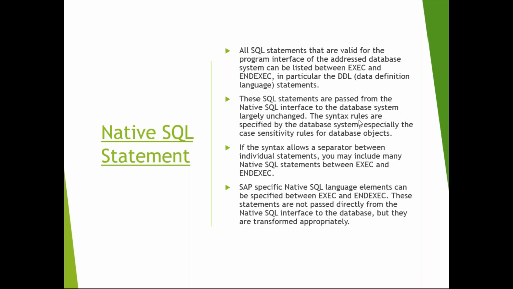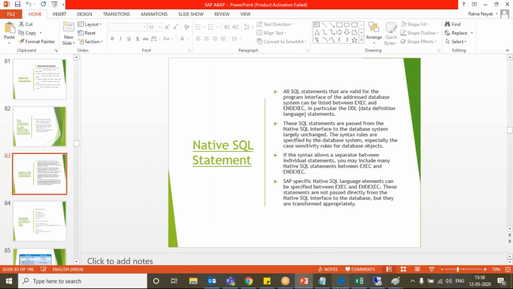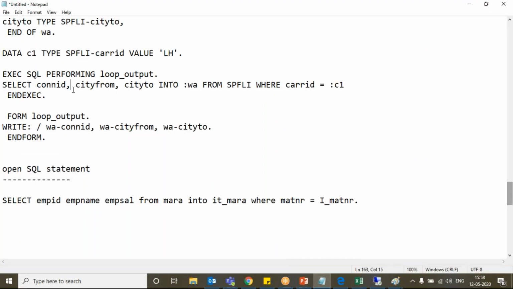The syntax rules are specified by the database system, especially case sensitivity. Always remember that you have to fetch the fields in capital letters. If the syntax allows a separator between individual statements, you have to put a comma. This should not be in lower case, it is case sensitive. You have to write in capital letters.